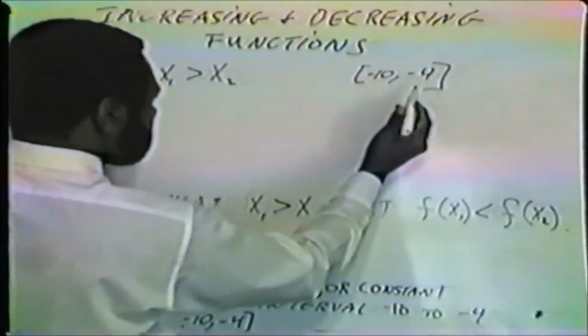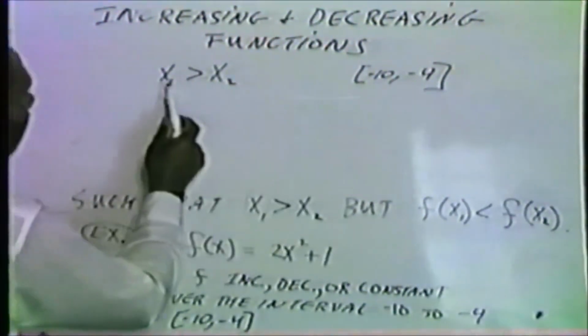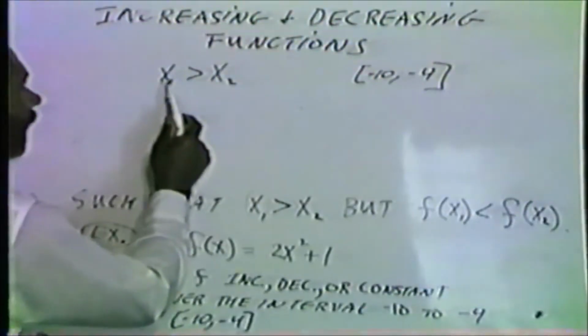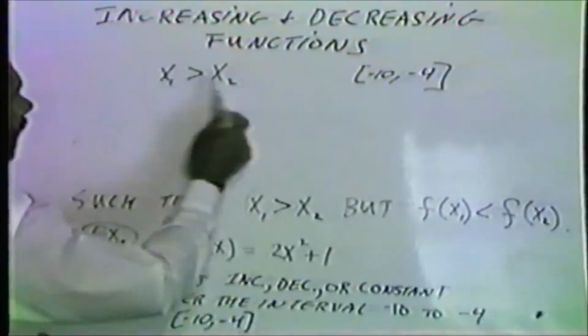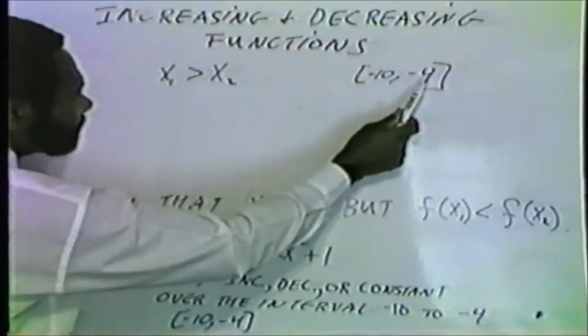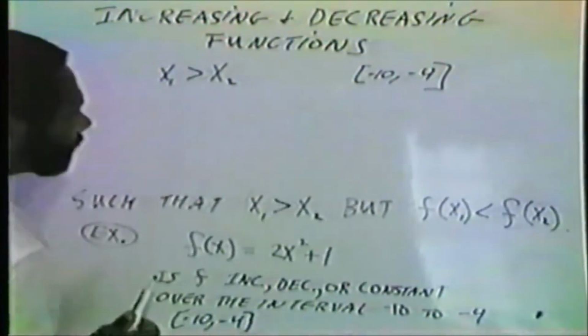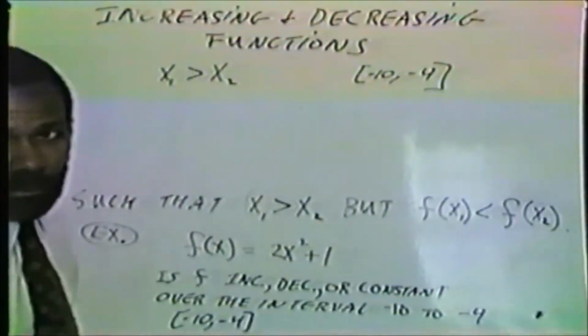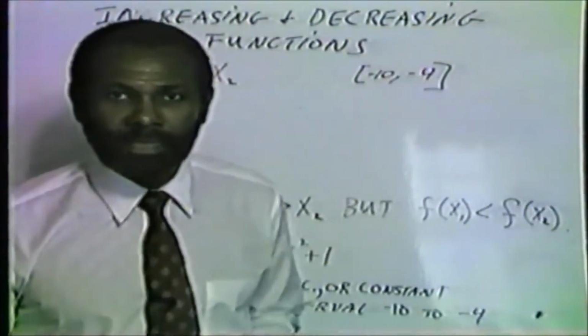Now x of 1 has to be the greater value of the two numbers. So in this case, with x of 1, would it be negative 10 or would it be negative 4?